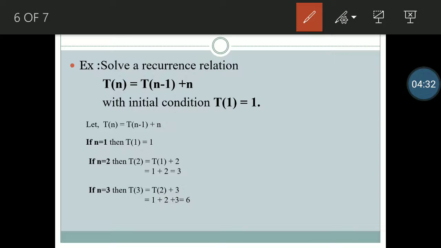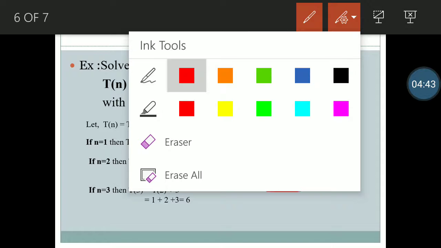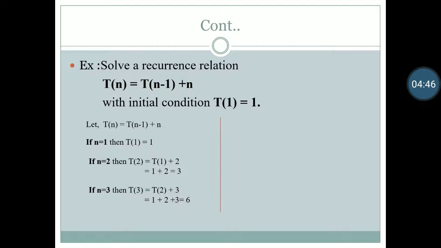So as you can see, T(1) = 1, T(2) = 1 + 2, T(3) = 1 + 2 + 3. Like this, if we consider up to n terms, our sequence will be T(n) = 1 + 2 + 3 up to n, meaning the summation of 1 to n terms.